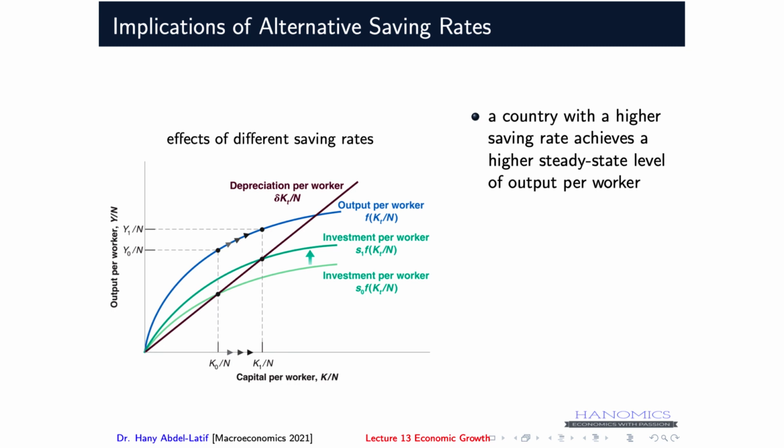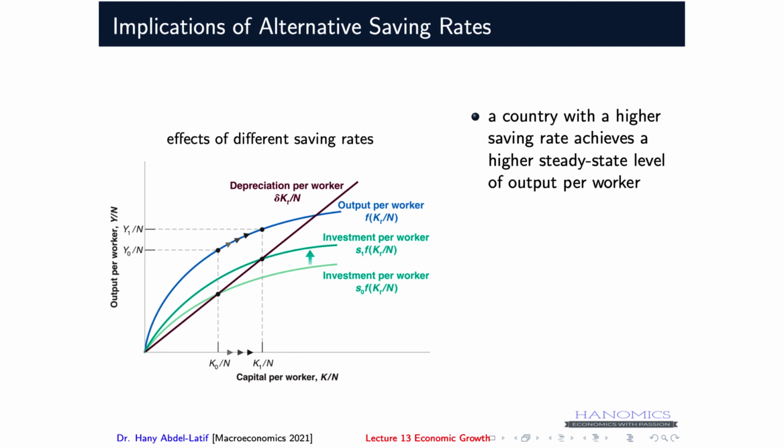A country with a higher saving rate will achieve a higher steady state level of output per worker. On the production function in this slide, you would see moving from S0, the saving rate, to S1 basically shifts up the investment per worker curve, which is the green line here.